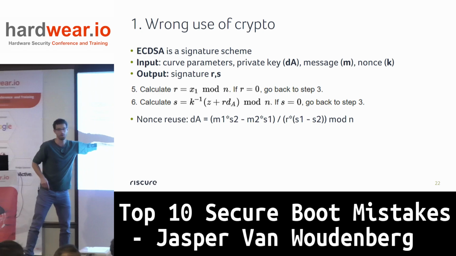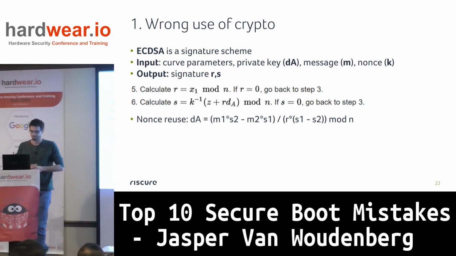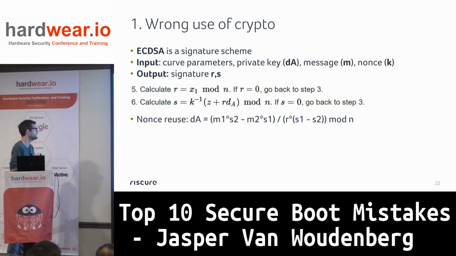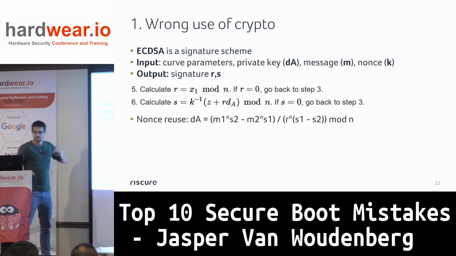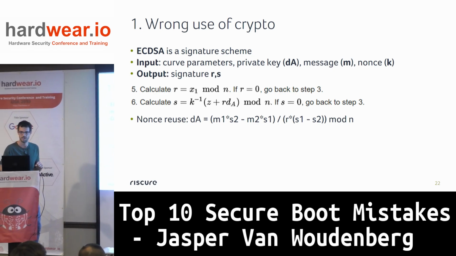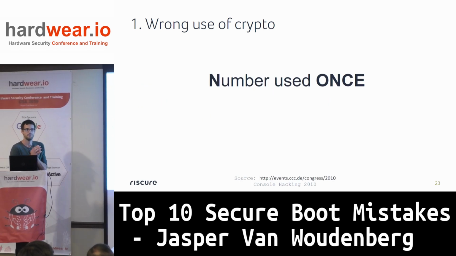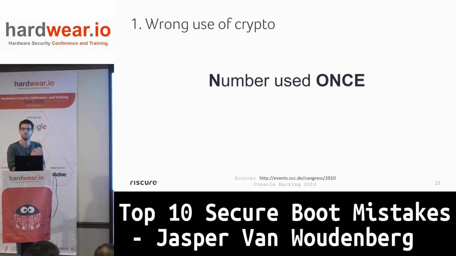Instantly, like this is not hard math, right? It's just basic algebra. So that's why we never reuse this. And I will repeat this one more time. A nonce is a number we only use once.